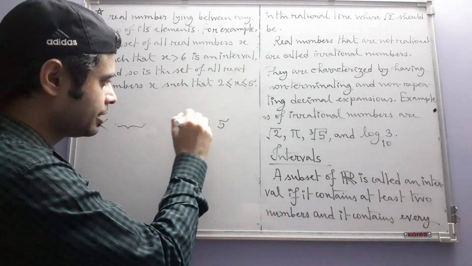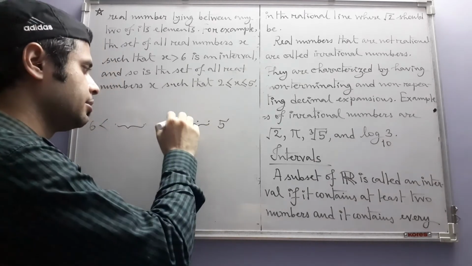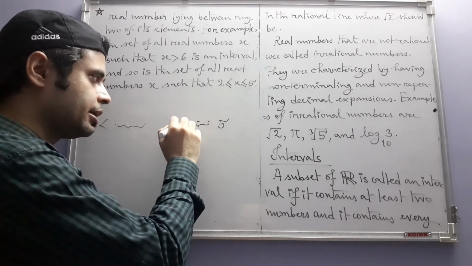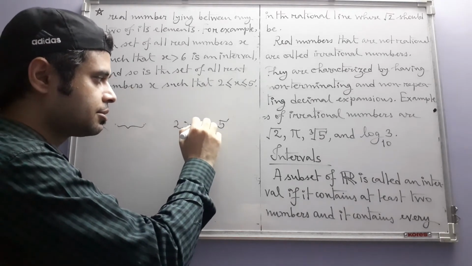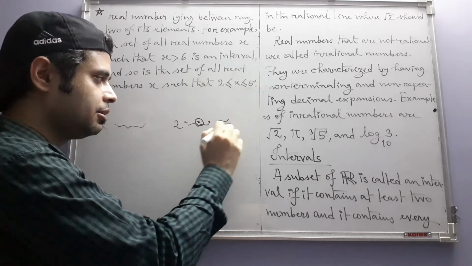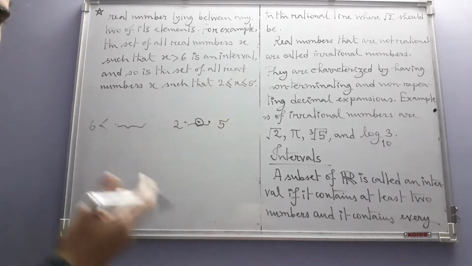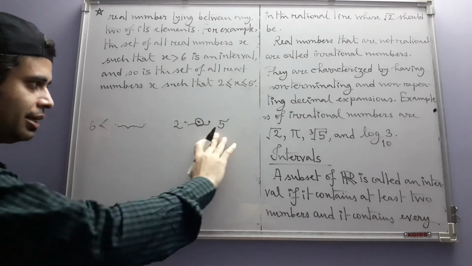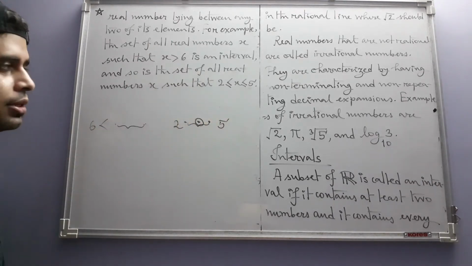Because if you take anything in between, since this point is less than this point and 2 is less than this, automatically 2 will be less than this point. Similarly, since this is less than 5, this point will be less than 5, so it will be greater than 2 and less than 5, so it will belong to the set. I am just very roughly and in a vague manner saying why these sets are intervals.